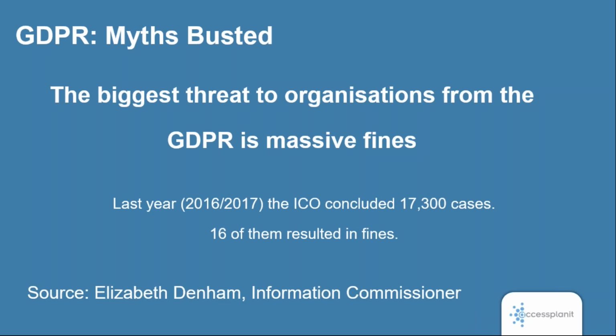If we have a look on the screen here, the ICO concluded or intervened in nearly 17,500 cases relating to data breaches, data protection, data security, and so on. And 16 of them resulted in fines. So it's definitely scaremongering to suggest that organisations are going to be penalised heavily financially for minor infringements, or that suddenly you'll be reading in the papers about everyone getting these huge 20 million euro fines. So that's just not the case.